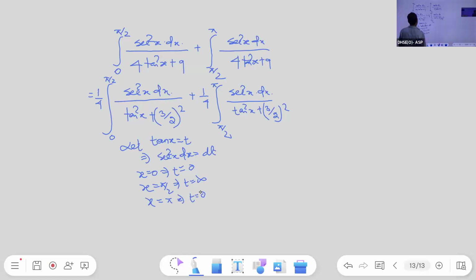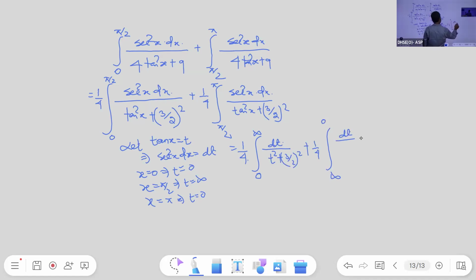So the first integral will be 1 over 4 integral 0 to infinity dt upon t square plus 3 by 2 whole square, plus 1 by 4 integral infinity to 0 dt upon t square plus 3 by 2 whole square.